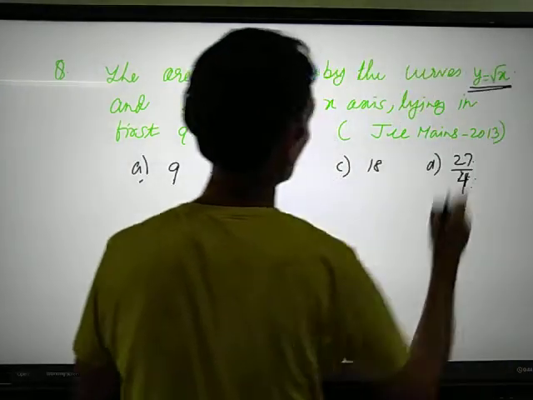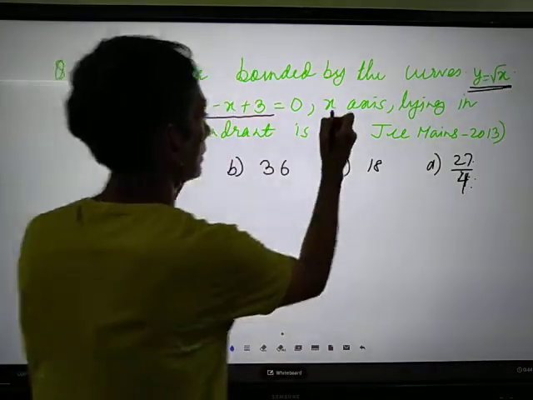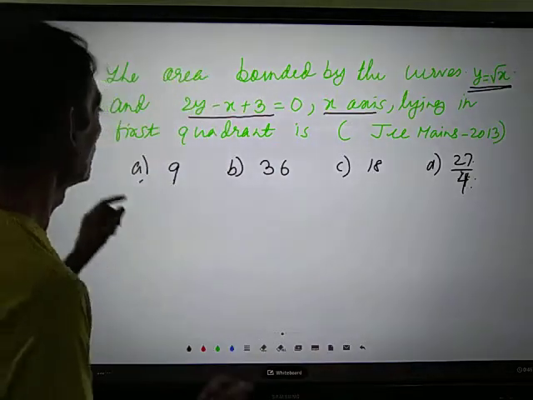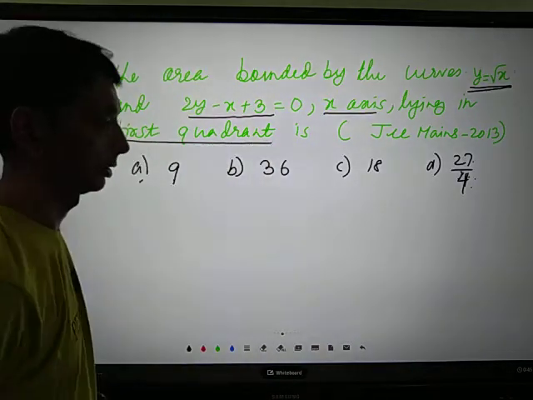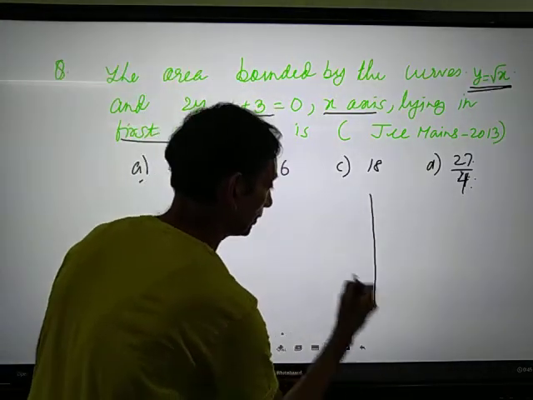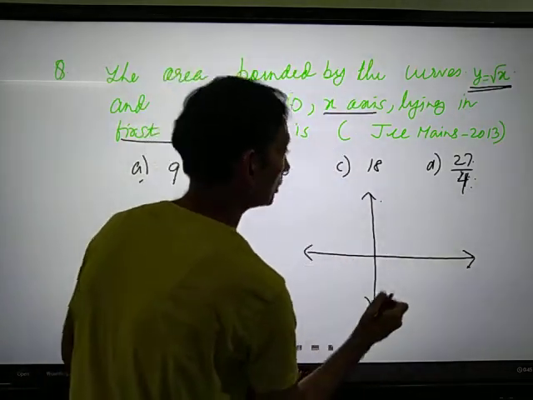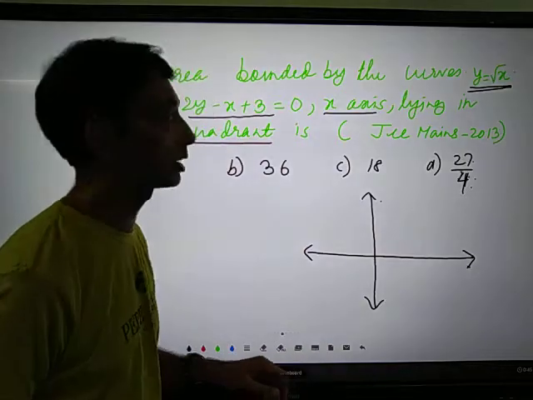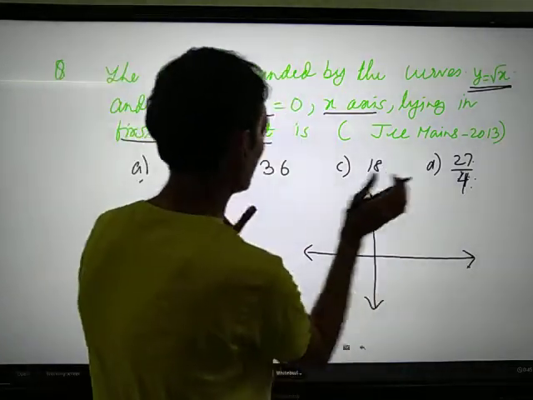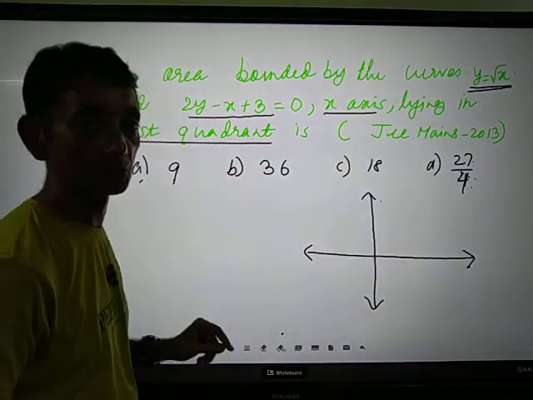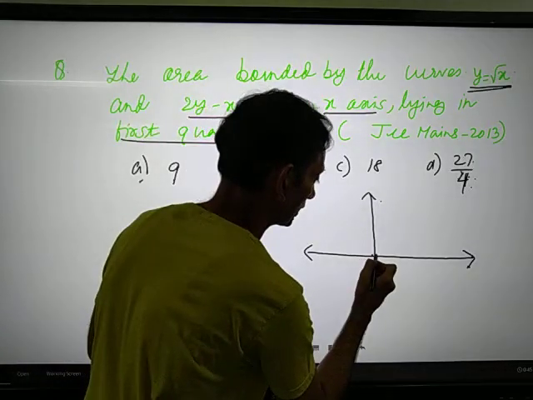First we'll draw this y is equal to root x, and remember this, bounded by the x-axis lying in the first quadrant. So first we'll draw the graph. Now this is y is equal to root x, which is a parabola, and it's already mentioned that it is in the first quadrant. So if you draw in the first quadrant, it's alright.